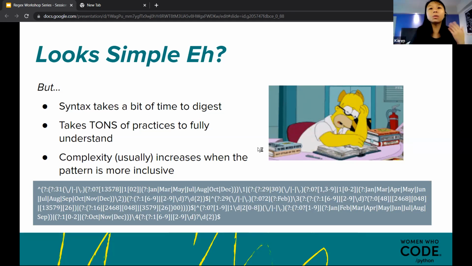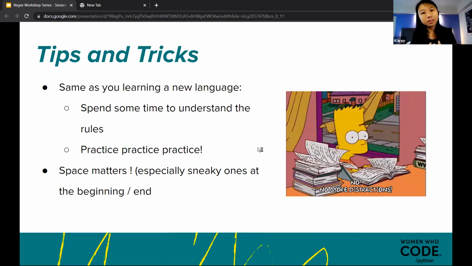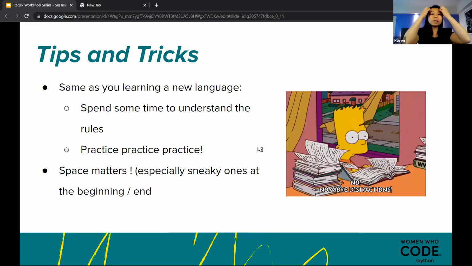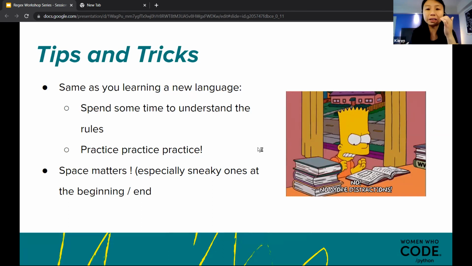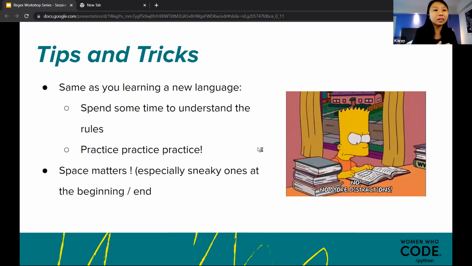So what we can do is practice, take it one by one, solve it, learn it, remember it, and then start using it again. So just a little tip. That's what I'm going to talk about today: tips and tricks when you practice regex with us.